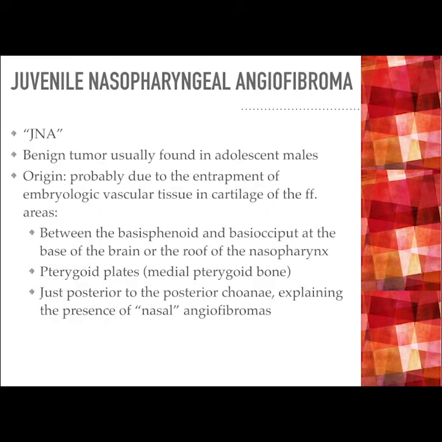The next benign neoplasia is what we call the juvenile nasopharyngeal angiofibroma or JNA. This is a benign tumor usually found in adolescent males, probably due to entrapment of embryologic vascular tissue in the cartilage.